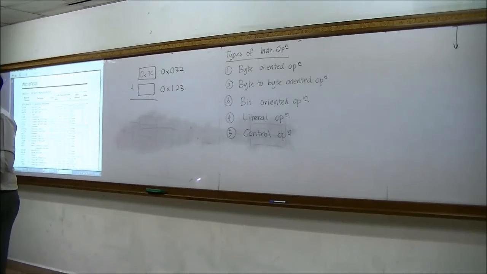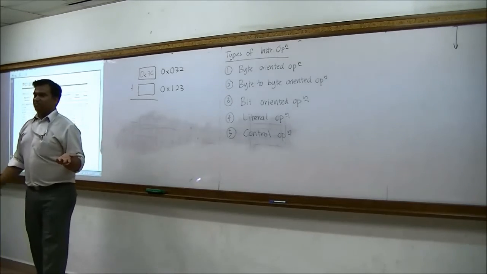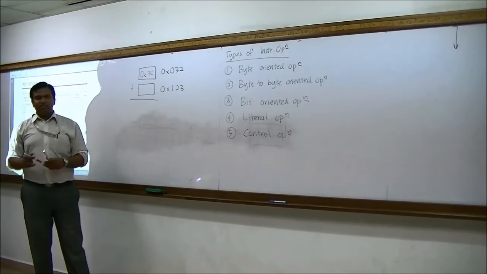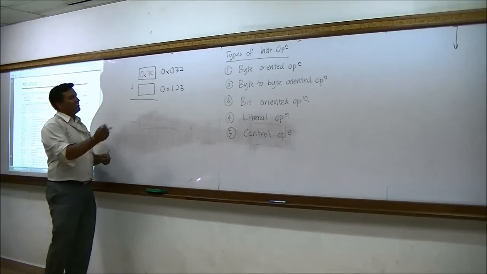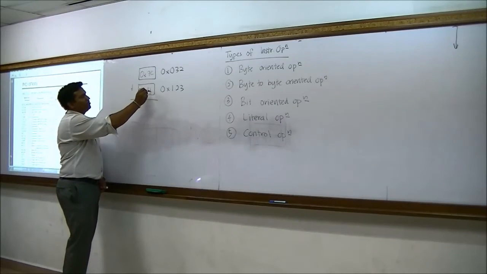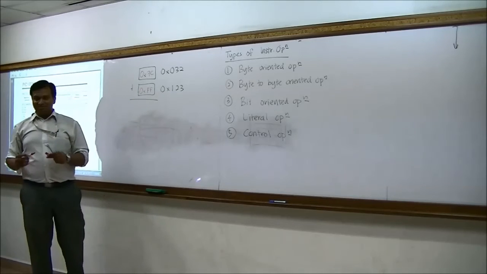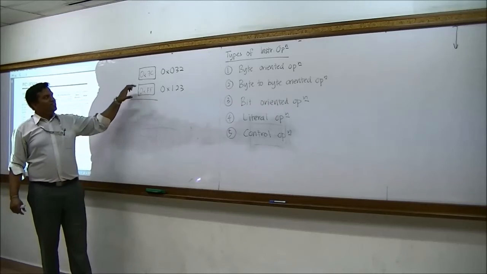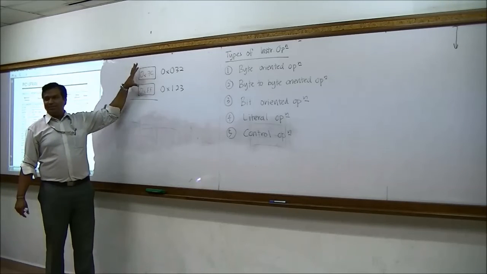Because it is 8 bit, so it's valid. 7C is 8 bit, so it's valid. Another example? 1D. FF. DD, we covered just now already. FF.